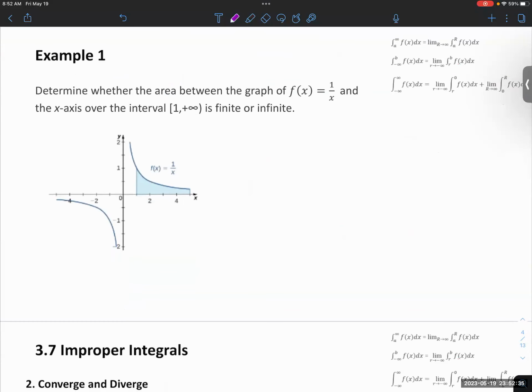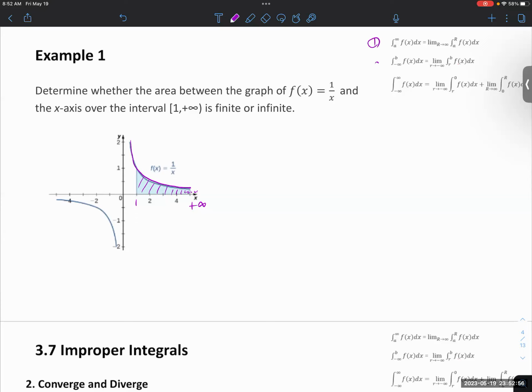Example 1. Determine whether the area between the graph of the function, this is the graph as given, f of x equals 1 over x, is finite. They're looking for the area from 1 to positive infinity, all the way going up, keep going.